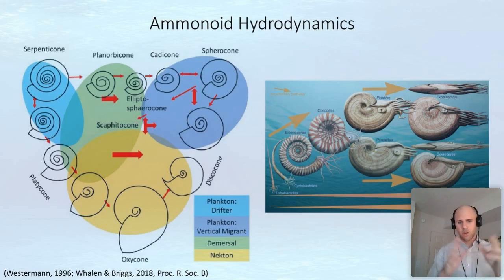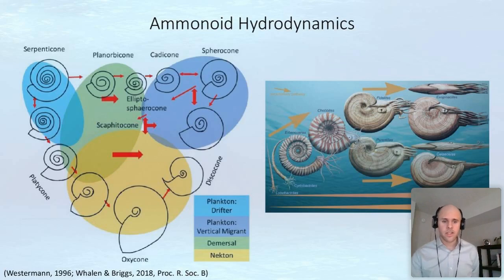Because the coiling of the shell imposes fundamental hydrodynamic properties to the animal, there is a direct paleoecological connection here that we can establish between the shell coiling measurements we make and paleoecological niches that these cephalopods could fill.